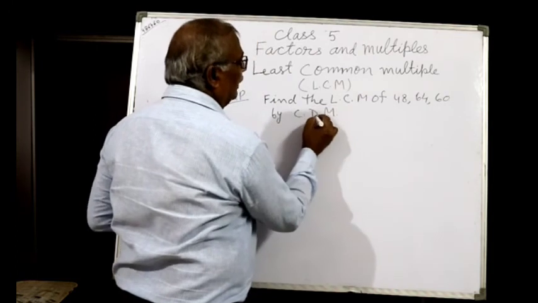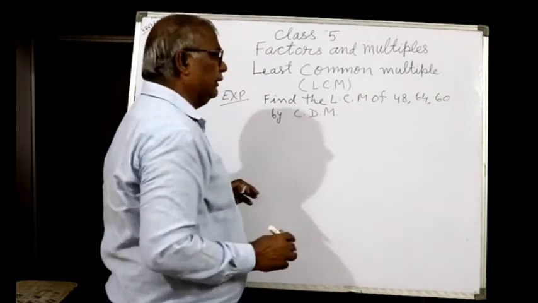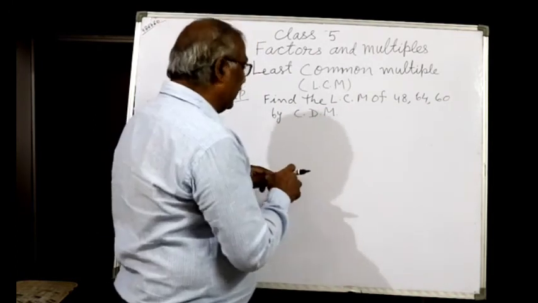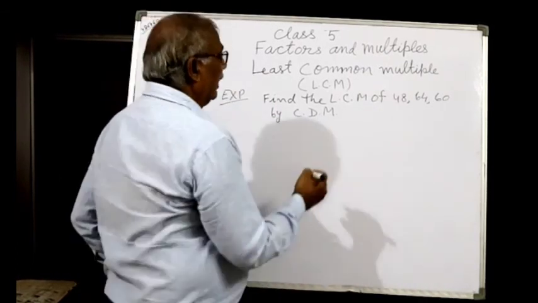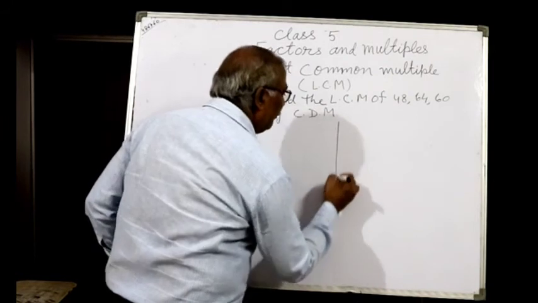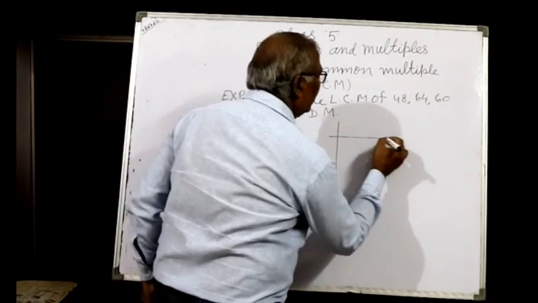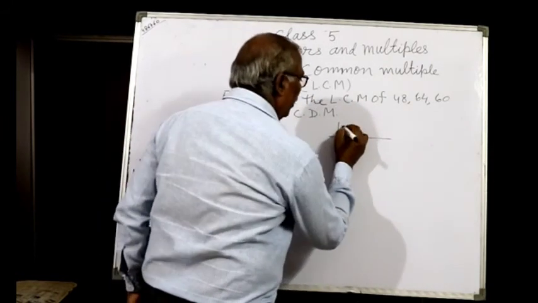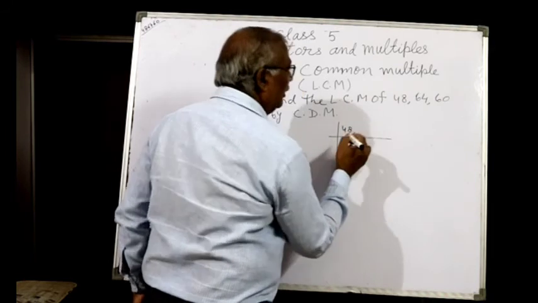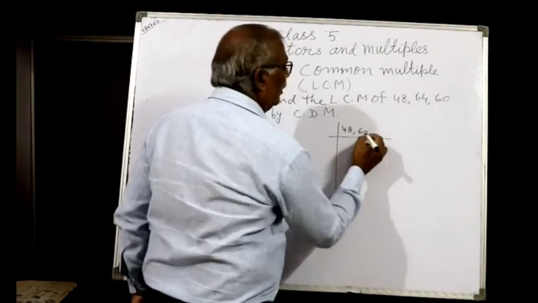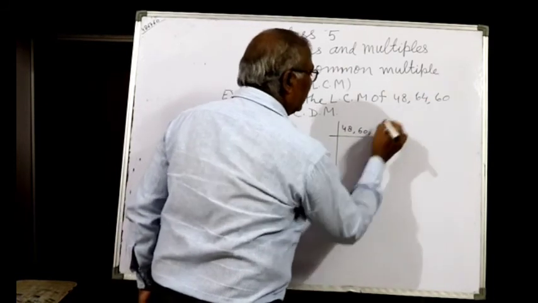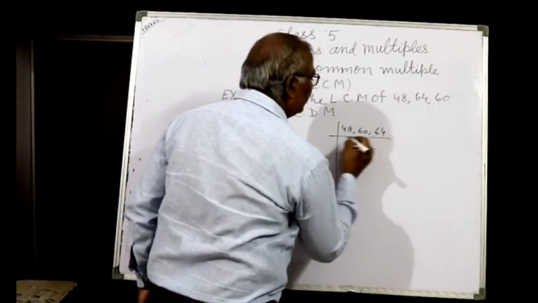C for common, D for division, M for method. How will you find the LCM of 48, 64 and 60 by common division method? We take the number 48 and after that you will take 60 and at last the greatest number 64.